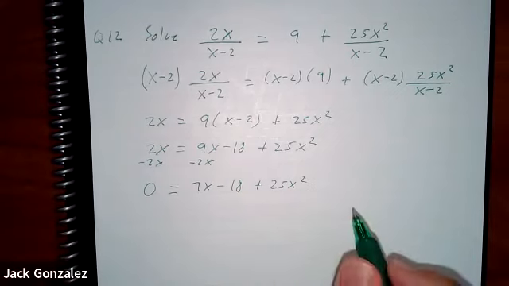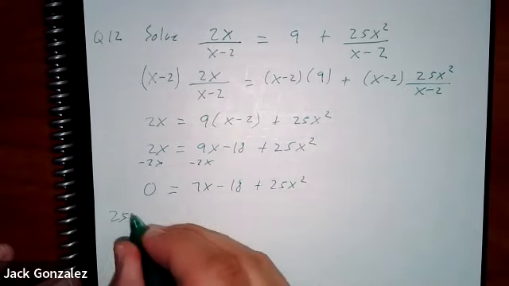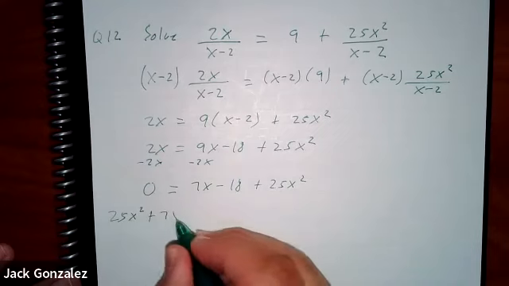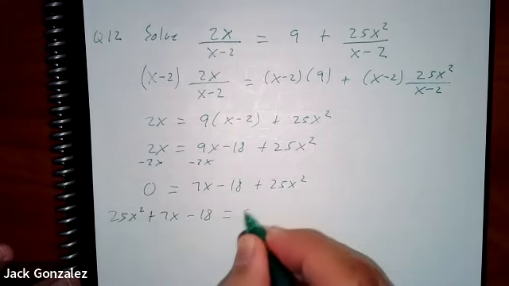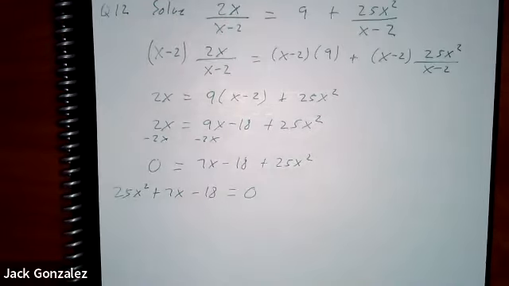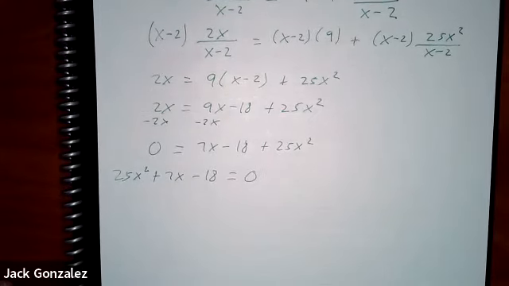Put it all in descending order: 25x squared plus 7x minus 18 equal to 0. Not a very pretty question. Here you can use the quadratic formula or factor, whatever. Doesn't matter.